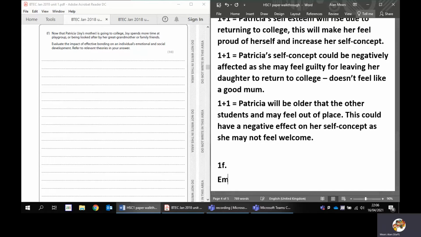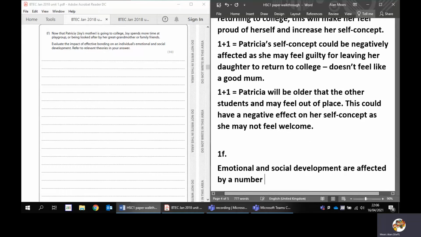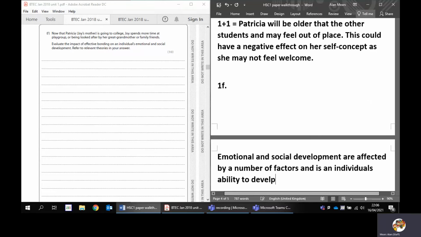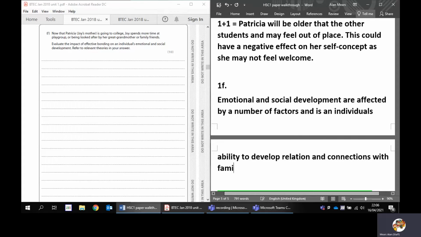So emotional and social development are affected by a number of factors, probably a better word than things, and is an individual's ability to develop relationships and connections with family, as well as forming connections with peers.